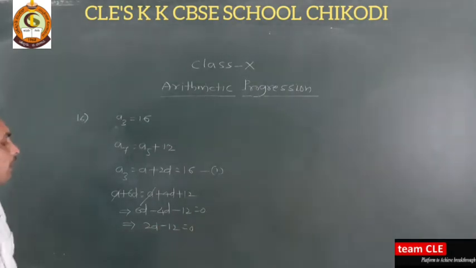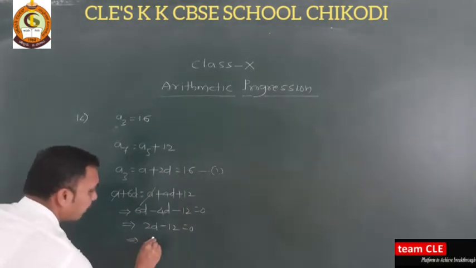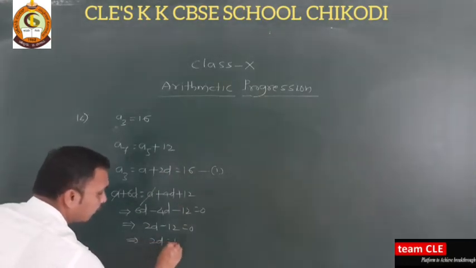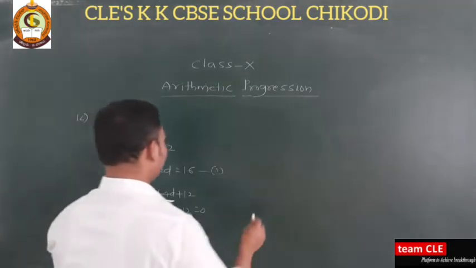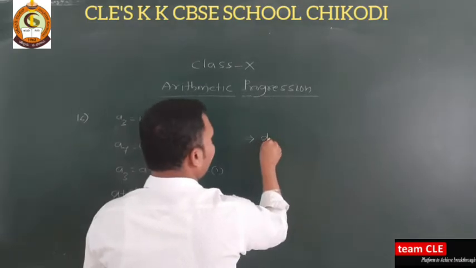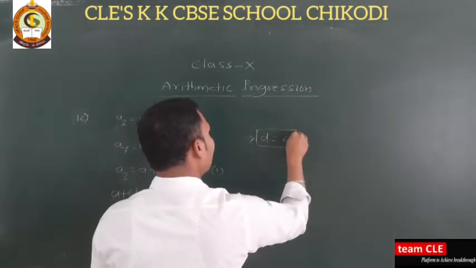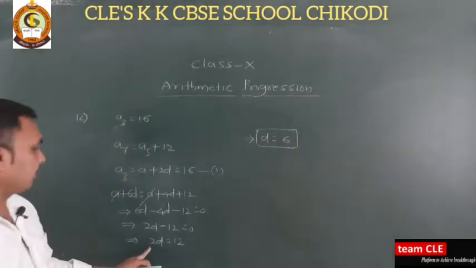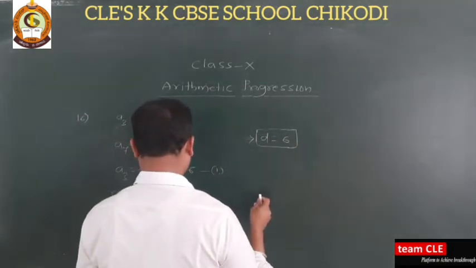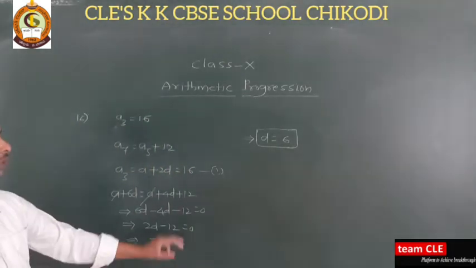Now this implies again we have 2d is equal to 12, so this implies d is equal to 6. Yes, 2 sixes are 12, so we get d is equal to 6.